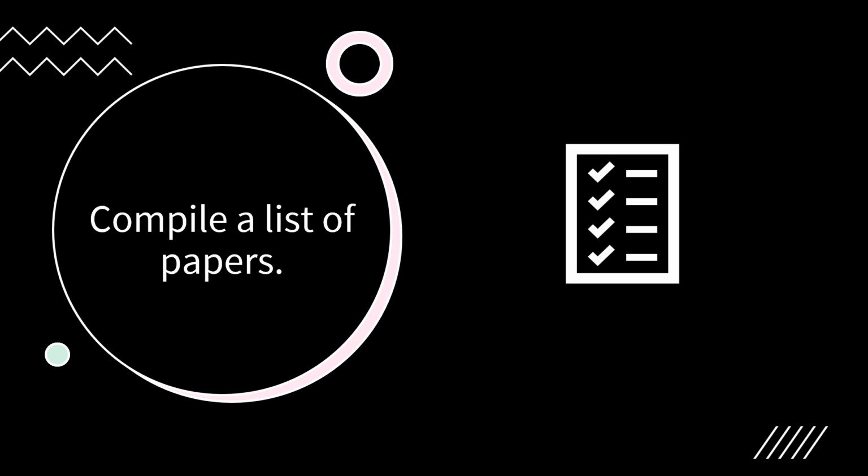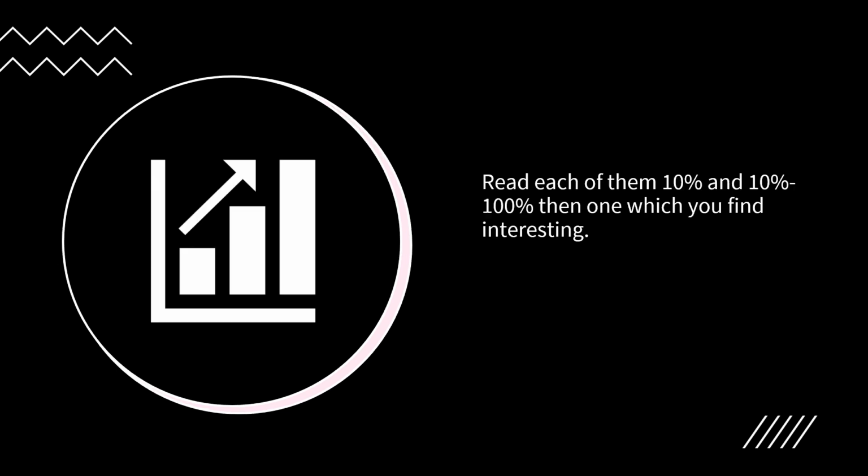So first of all, what you have to do is compile a list of papers. Say first you are taking 5 papers. So after taking 5 papers, categorize them. So now you have 5 papers that you have taken by title which are relevant to your topic.